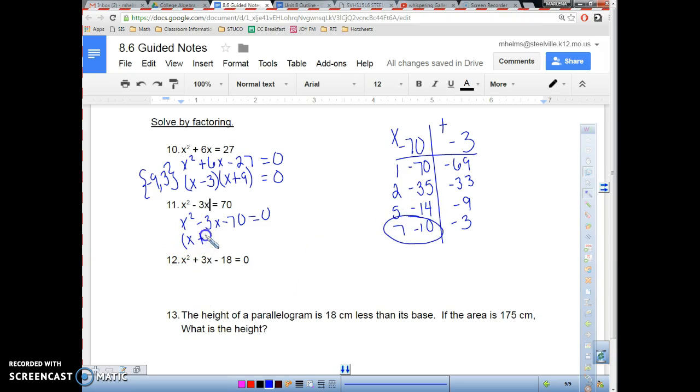So x plus 7, x minus 10. Now when you set each one of them equal to 0, x plus 7 equals 0, x minus 10 equals 0, and you solve them, you get the answer x equals negative 7 and x equals 10. So we have two answers because it's a quadratic.